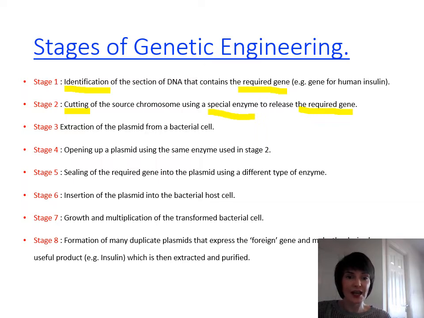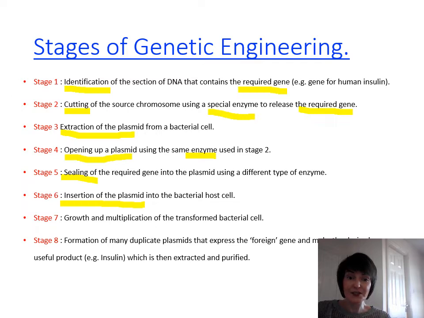You're then going to extract the plasmid from the bacterial cell. You then open up a plasmid, or you cut it open using an enzyme. You then put the gene into the plasmid and you get the sealing process, and you get the insertion of the plasmid back into the bacterial host cell.